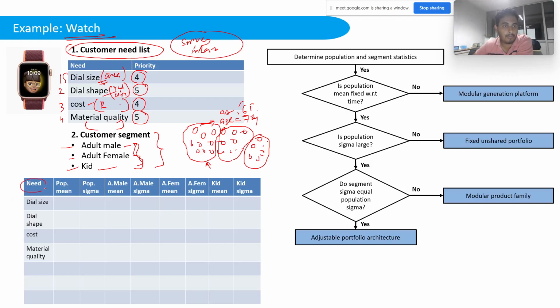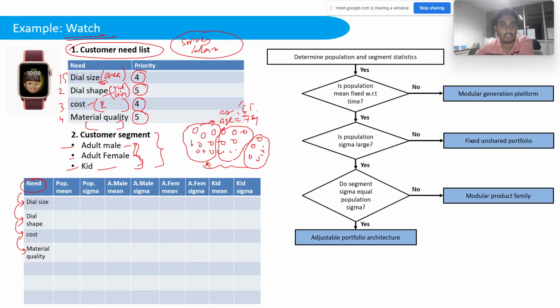You keep the need at the extreme left side, and then you write down the population mean. For example, for dial size, if you consider area, I already told you how to measure the mean. You add up all the dial sizes in your study and divide by the number of studies, and you get the population mean.